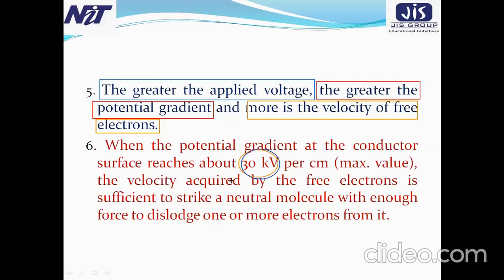This is the reason 30 kV is a very important point. Please remember the potential gradient value, 30 kV per centimeter. That should be the maximum value.